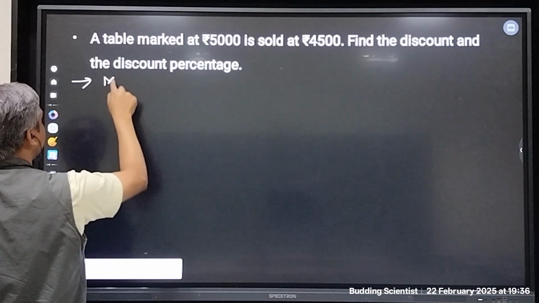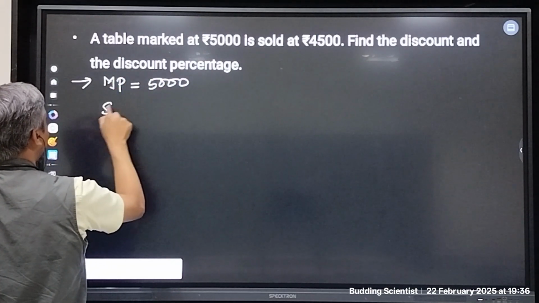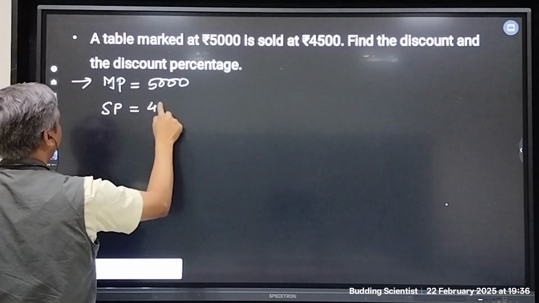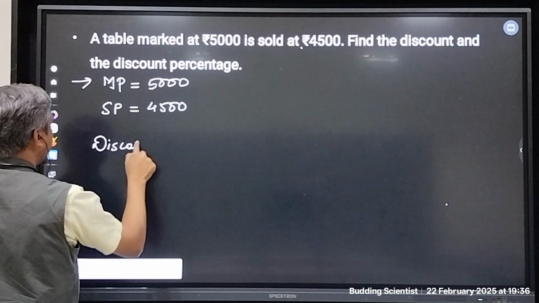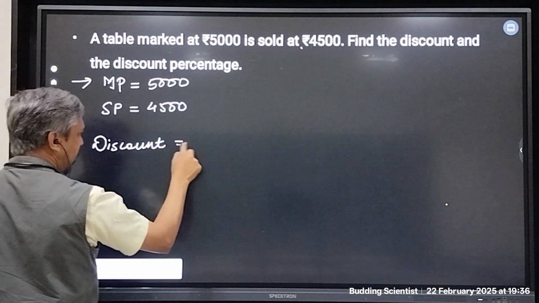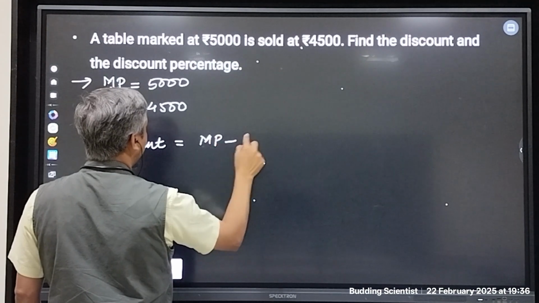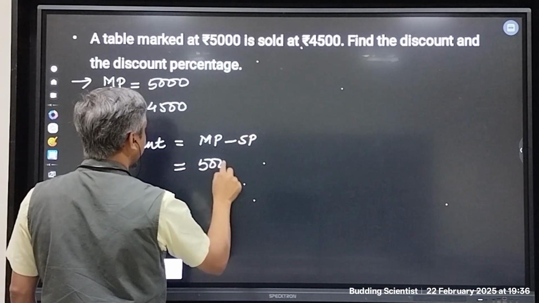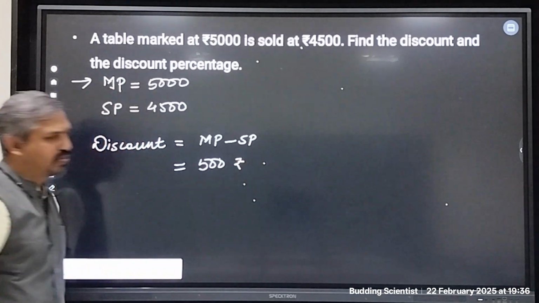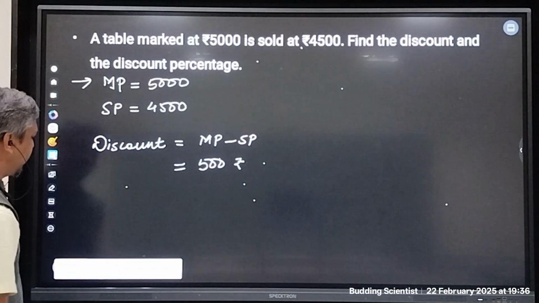MP is 5,000 rupees, selling price SP is equal to 4,500. Discount or loss is equal to MP minus SP, which is equal to 500 rupees. 5,000 minus 4,500, so you subtract and you get 500 rupees.